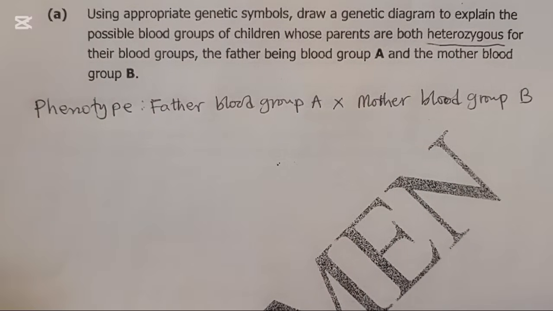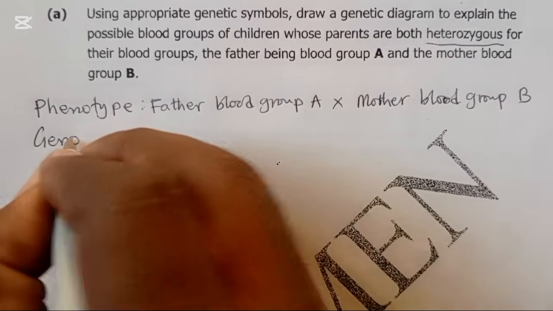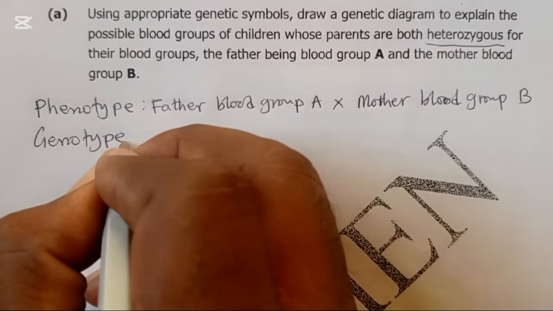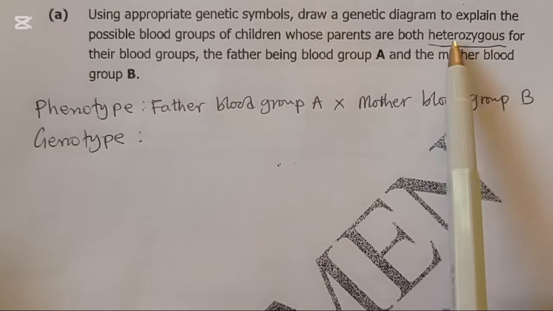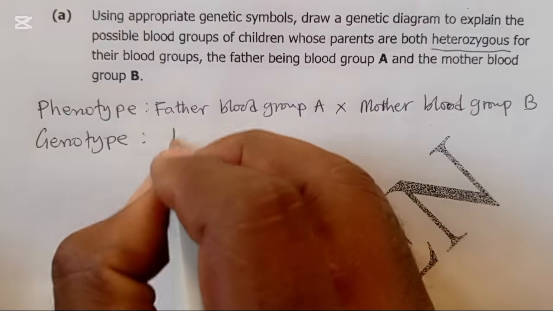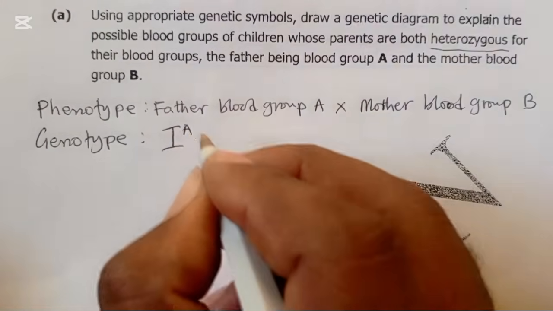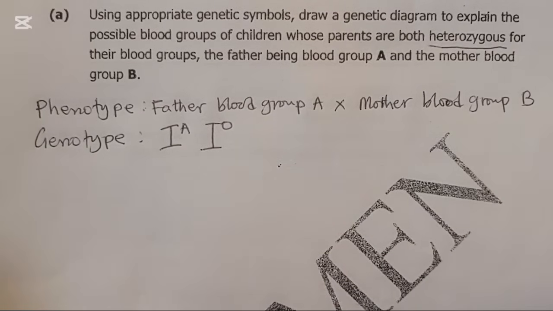Now we have genotype. Remember, heterozygous of blood group A is AO. So this is blood group A heterozygous.